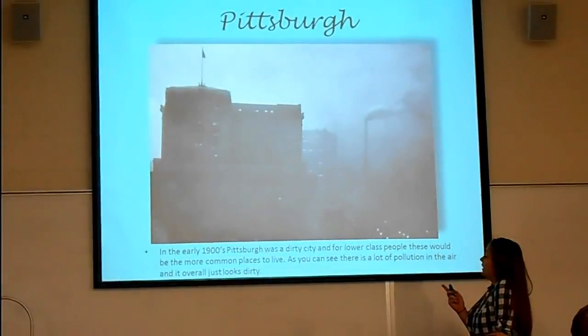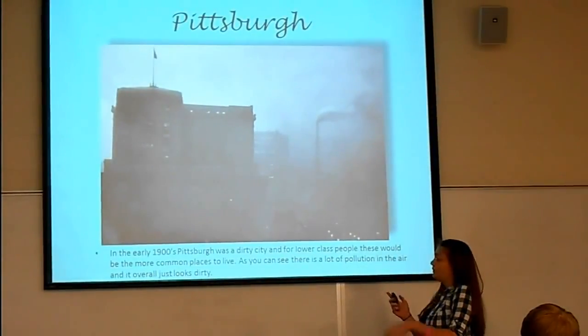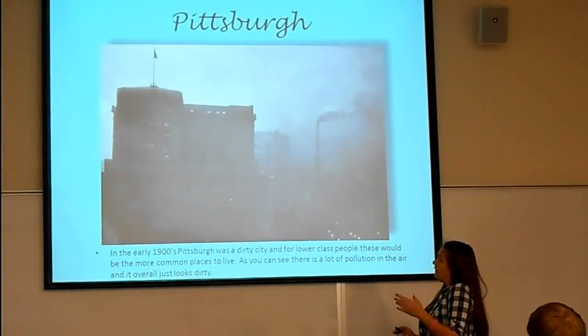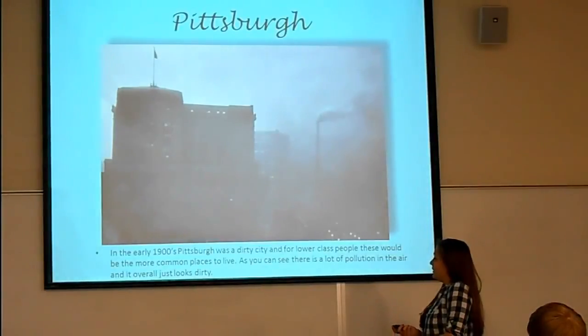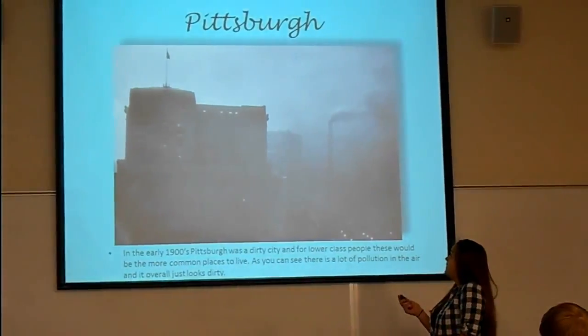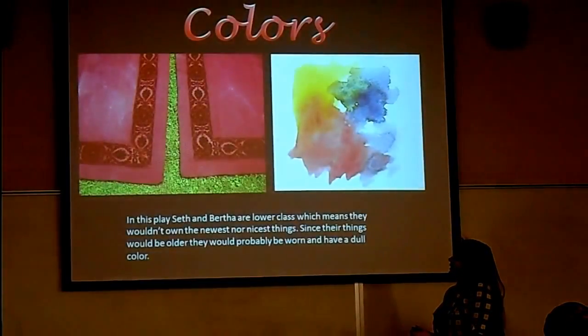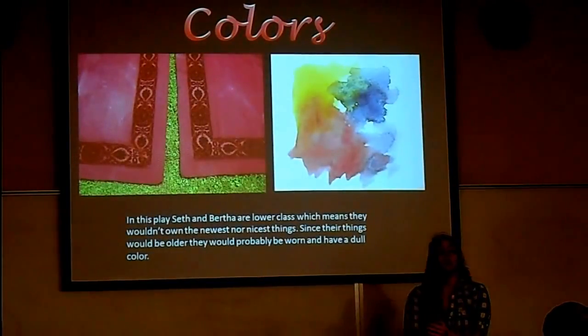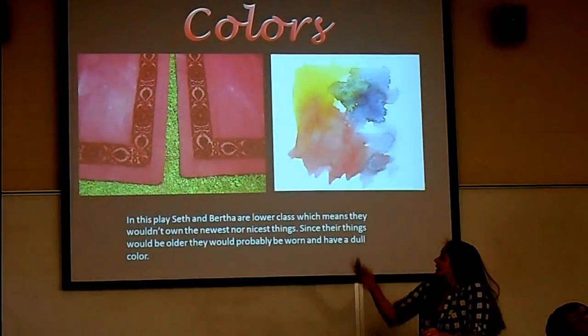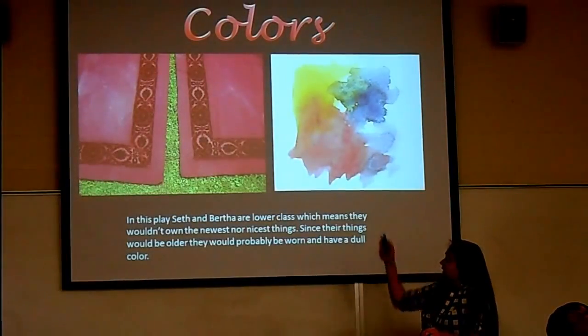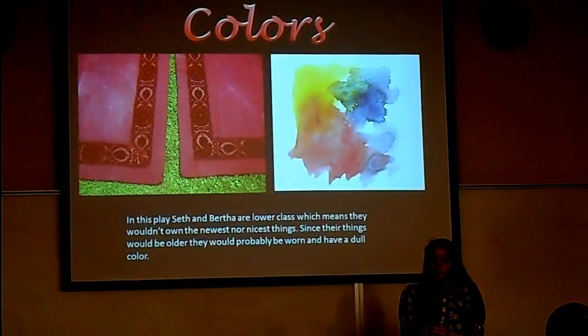This picture I picked because I thought when they looked out a window, they could see it, and it was obviously of Pittsburgh in the early 1900s. Colors, I wanted to pick a lot of colors. I would use those for my main schemes, because since Seth and Bertha were the primary owners of the house, I figured that Bertha would be the one to decorate it more.